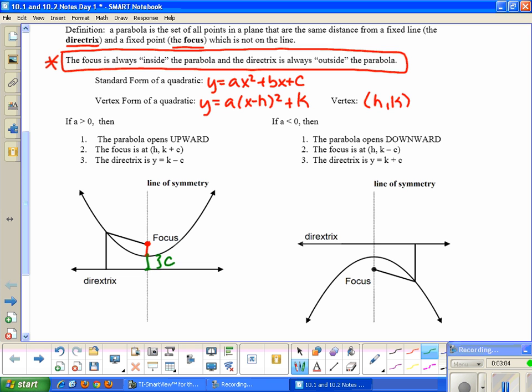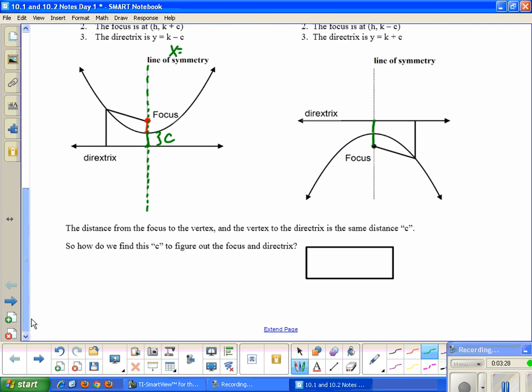Notice here that our focus would be up from our vertex, and also notice that the line of symmetry cuts your graph in half. In this case, it would be x equals whatever the x-coordinate of your vertex was. Over here, when our graph is opening down, we still have this distance and this distance being the same, which is the C value. And notice that for your graph to open down, you would have to have a negative A value.